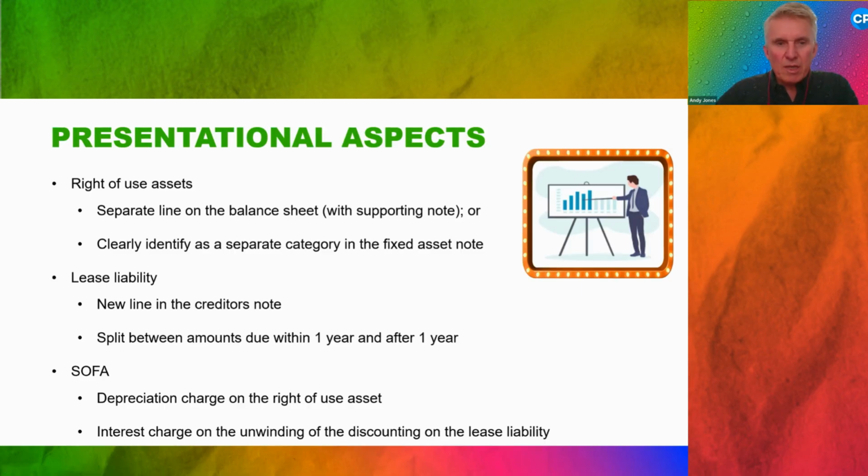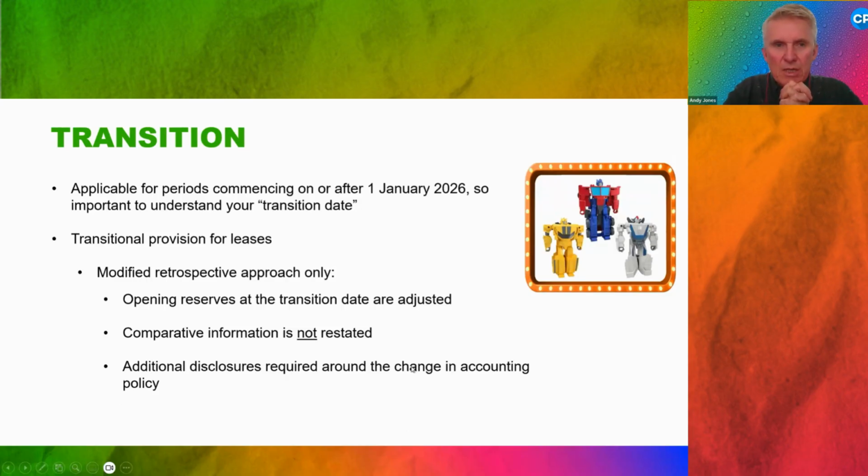So in terms of the transition, just how you reflect all of these changes in your accounts. As we said at the start, the SORP applies for accounting periods beginning on or after 1st of January 26. So it's important to understand your transition date.